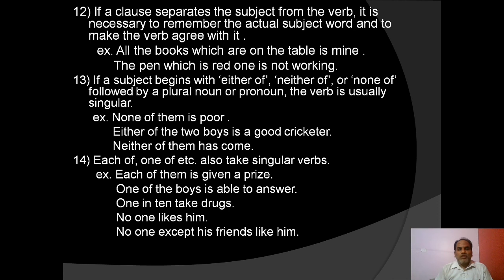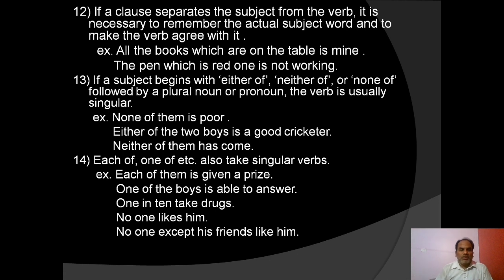Either of the two boys is a good cricketer. Though plural nouns are there, a singular verb is used because of the use of either of. Either of the two students is a good cricketer. Neither of them has come.